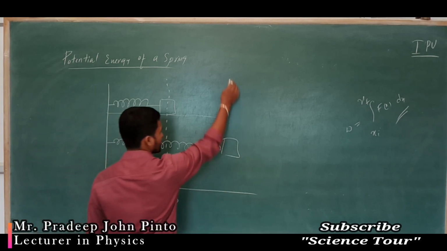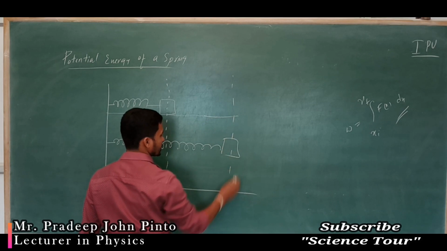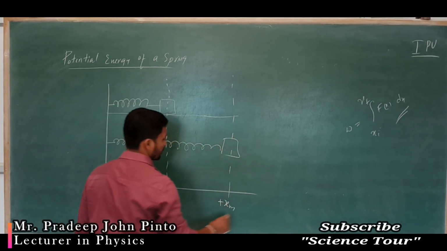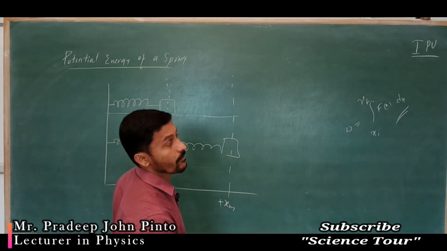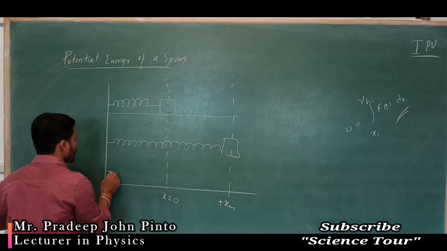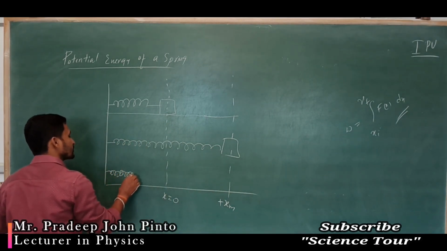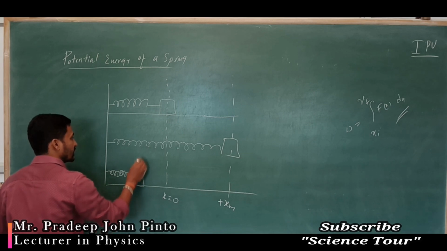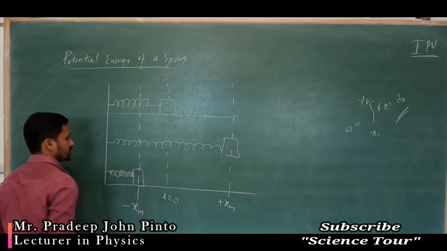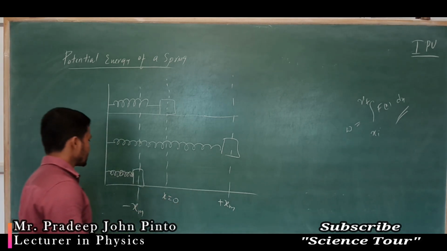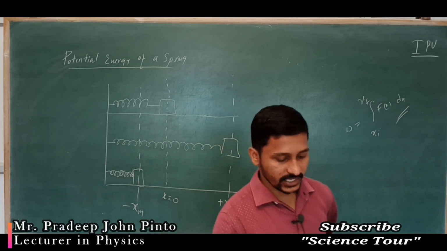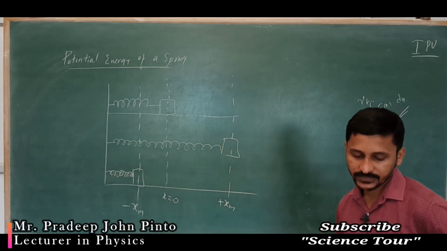If you extend it, this is x is equal to plus xm, the maximum. I can also compress it, to this. This becomes x equal to minus x maximum. The maximum compression is in the negative direction and the maximum expansion is in the positive direction, right?